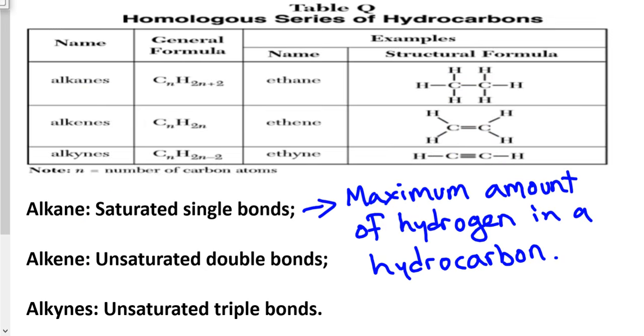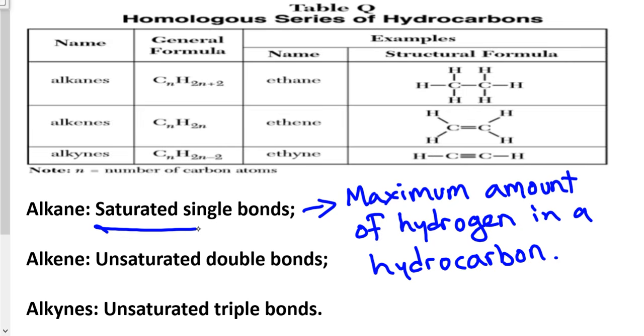So in a hydrocarbon, we only have hydrogens and carbons. And saturated means you have the maximum number of hydrogens with every carbon. So if a carbon is bonded with another carbon with a single bond, then the rest of the 3 bonds can be utilized to add hydrogens.